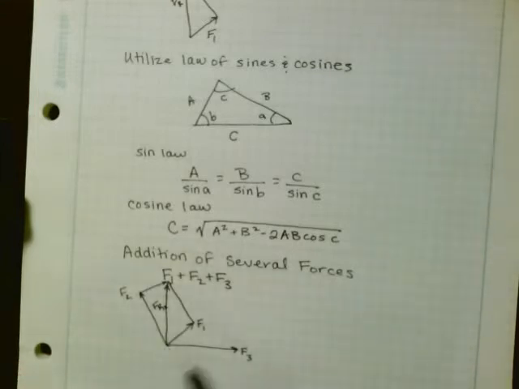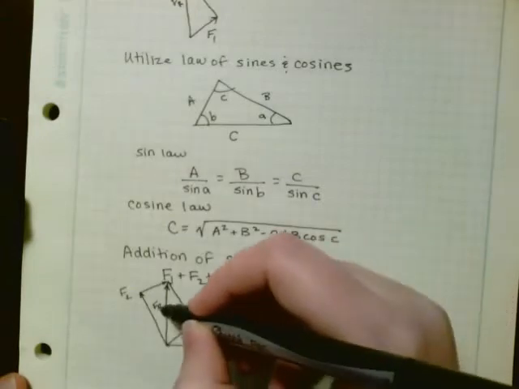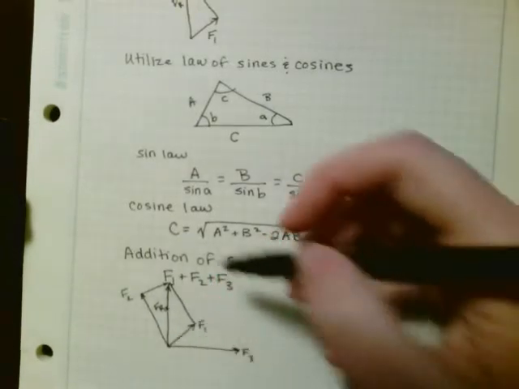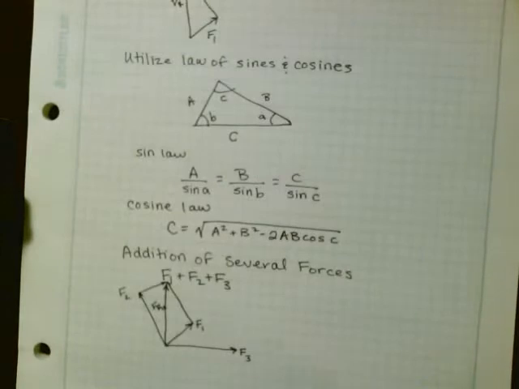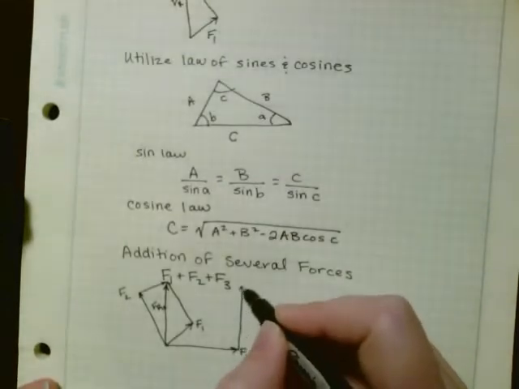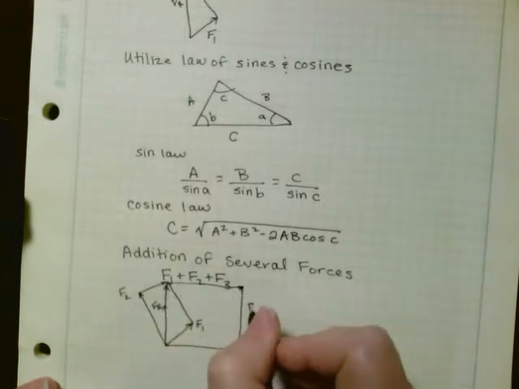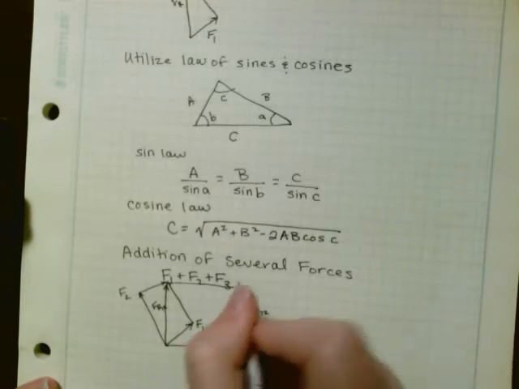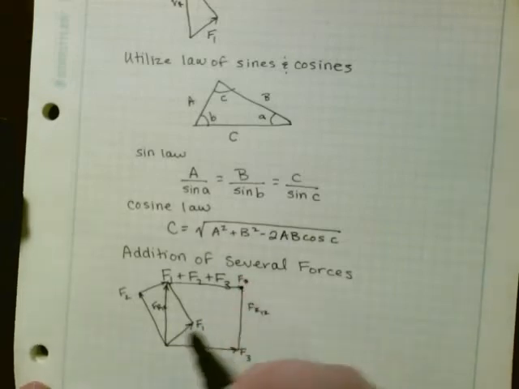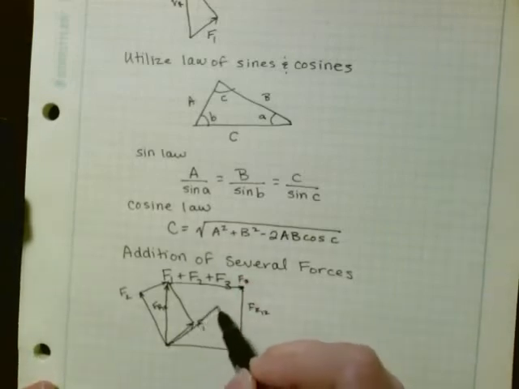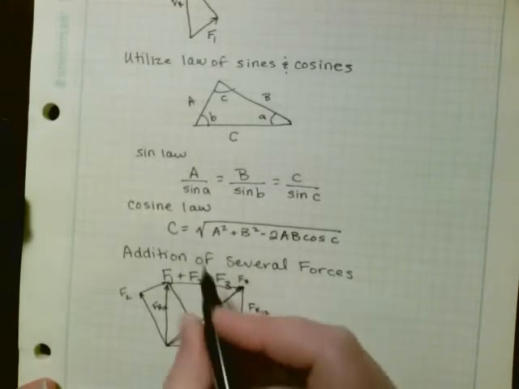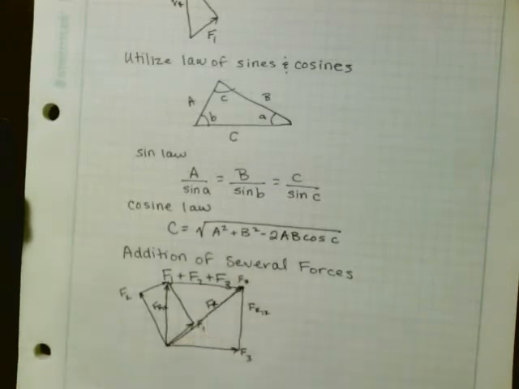So now we can make another parallelogram of FR12, because that's the F1 plus F2, and then F3 to get our final. So make another parallelogram, FR12 and F3. So this hypotenuse is your final resultant force. So you just keep using that parallelogram law until you find this final addition of all three forces.